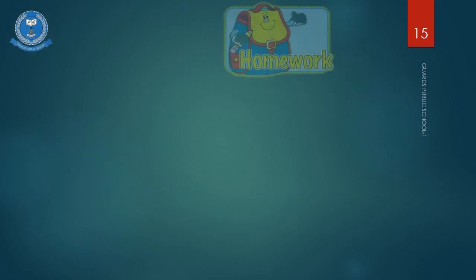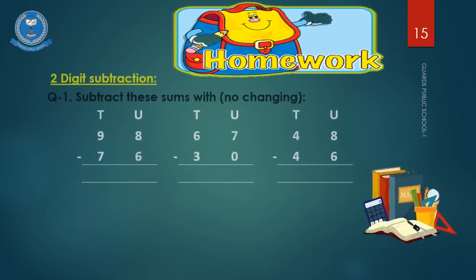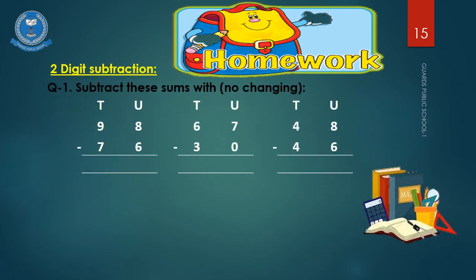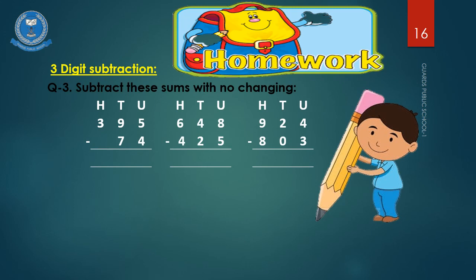Are you all ready for your homework, students? Okay, let's start. In question number 1, you will have to solve these 2 digit sums with no changing. In question number 2, you will have to solve these 2 digit sums with borrowing. In question number 3, you have to subtract these 3 digit sums with no changing.